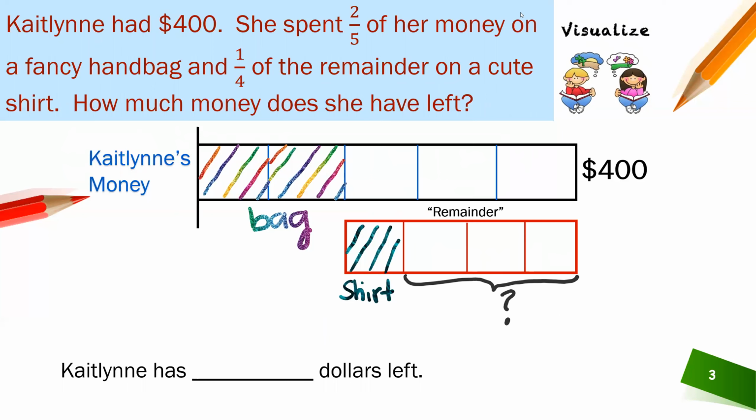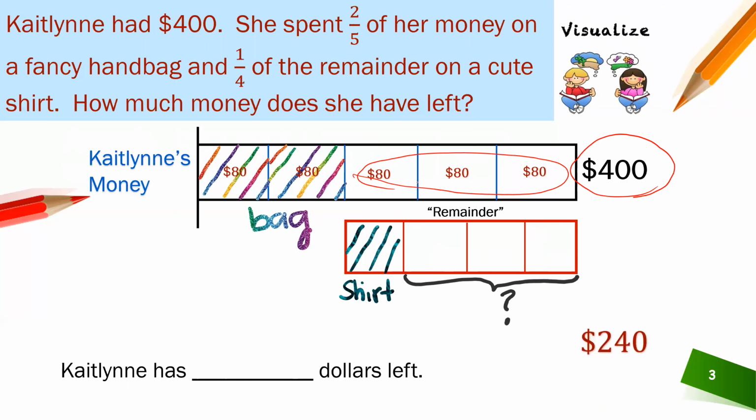All right, so let's digest that information and see where we can head to. We see that $400 right here is 5 equal parts. So each equal part must be $80. So then the remainder, which would be the 3 parts here, is 240.